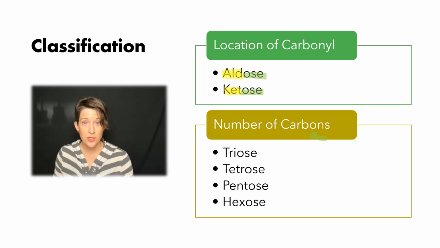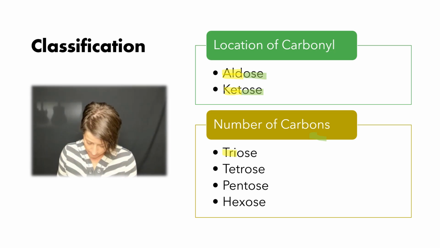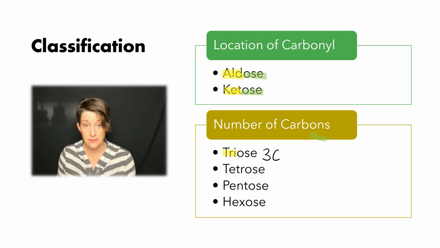Then we want to know how many carbons we are working with in that monosaccharide. We'll use the multiplicative prefixes tri, tet, pent, and hex with OSE. Tri, therefore, represents 3 carbons.